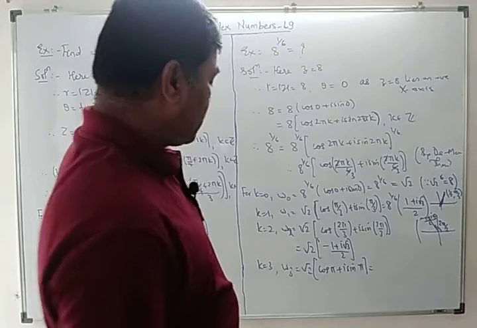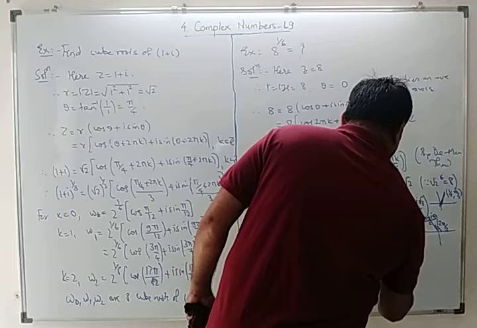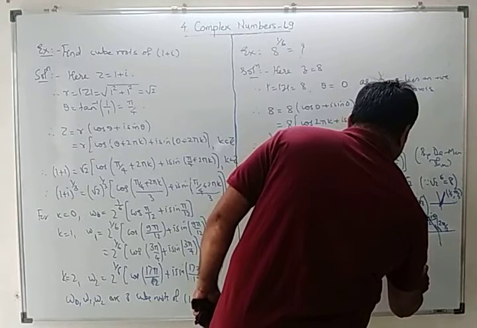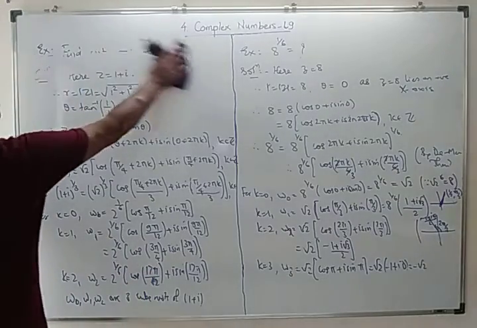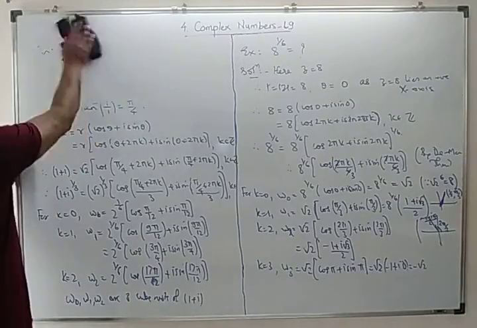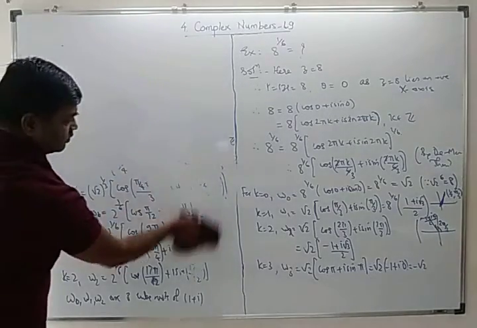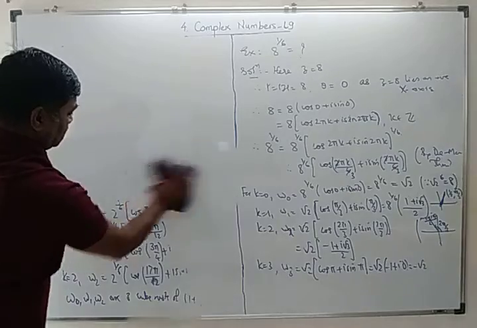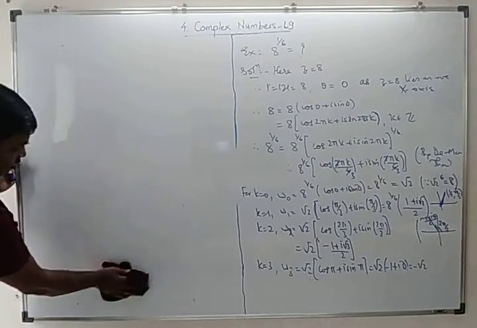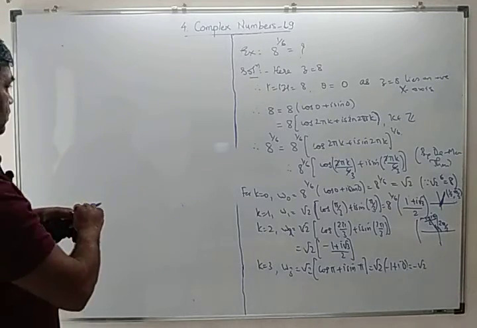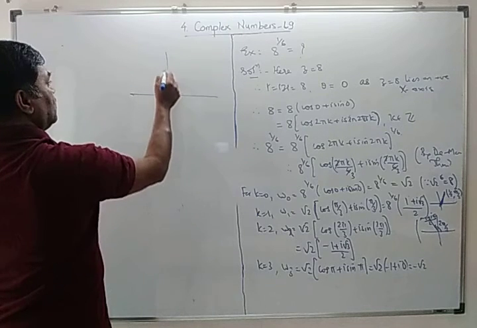Cos pi is minus 1, so it will become root 2 into minus 1 plus i 0, which is minus root 2. So here we are getting those roots.